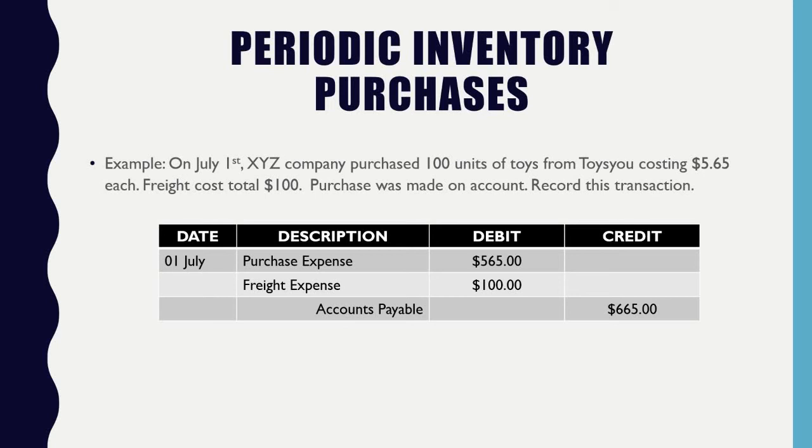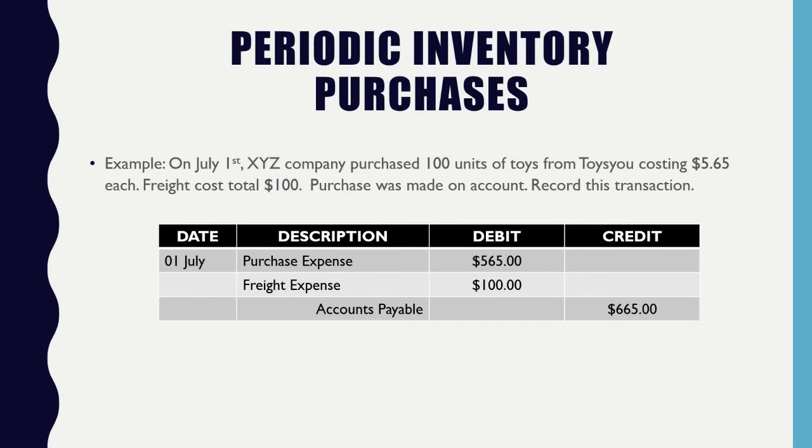You need to debit your expenses and credit either your asset if you paid with cash, or you'd increase a liability by owing the vendor on account. Make sure you recognize this, because I will test you on journalizing.